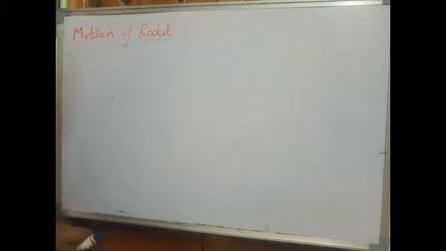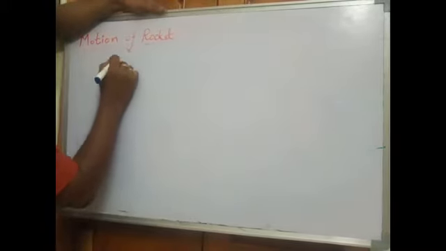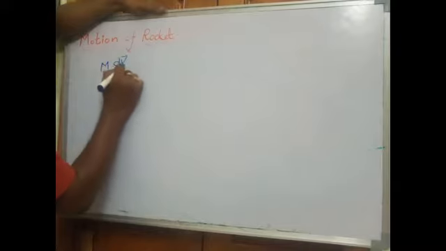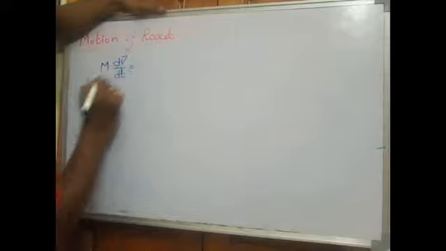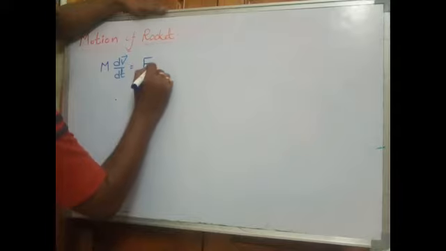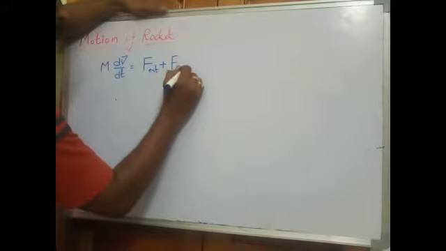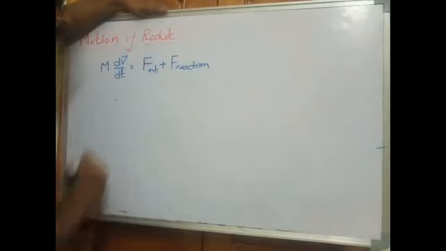In the previous session we saw the variable mass system. In that topic we got one relation for the instantaneous force acting on the rocket. The instantaneous force acting on the rocket is capital M dv bar by dt, which equals F external, that means external force, plus reaction force.